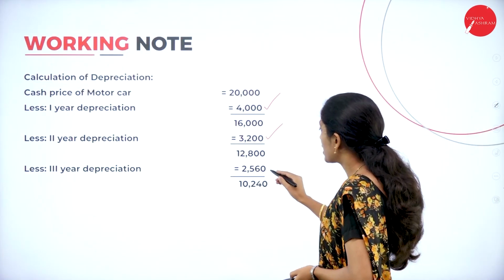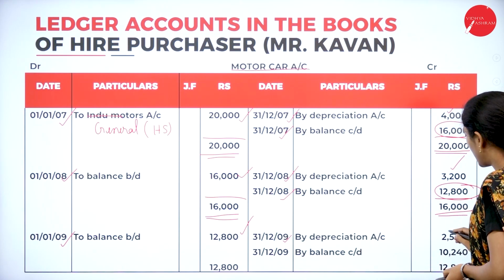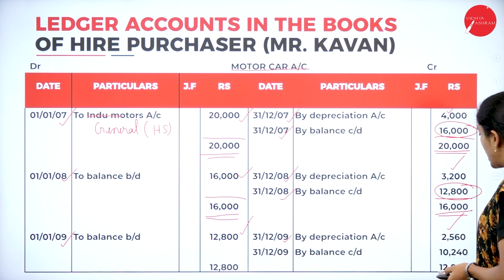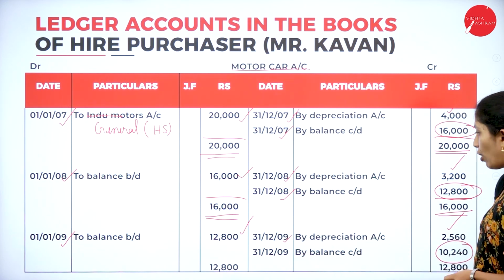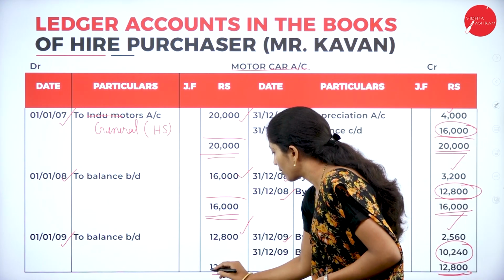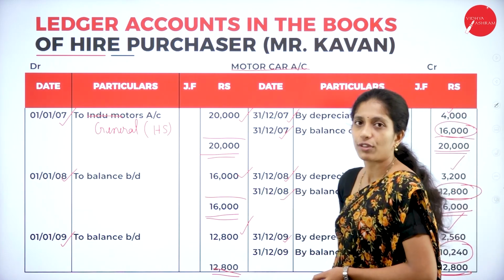It is 2,560. So write that amount. Next, as usual, 31st 12/09, by balance carried down. We'll get a balancing figure of 10,240. The total is 12,800, and you got a balancing figure of 10,240. That amount has to be brought down for the next year.